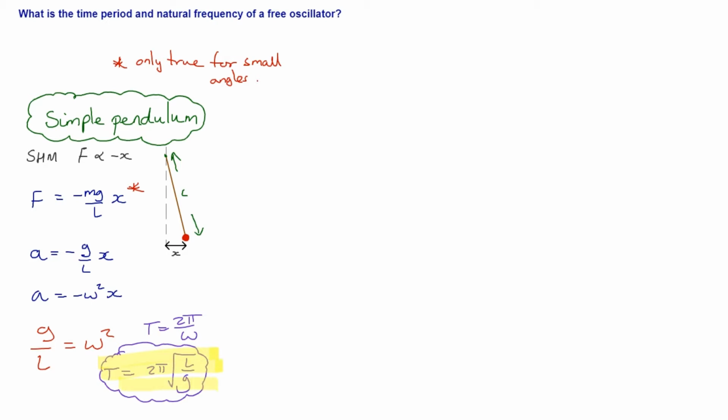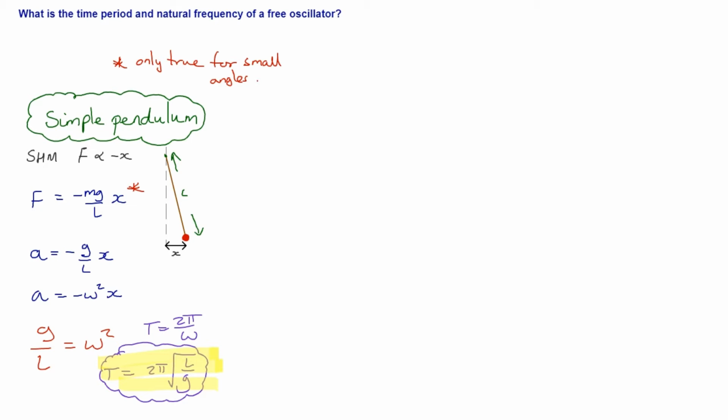It's telling us that the time period of a simple pendulum, as long as the angle's small, will be 2 pi root times its length over gravitational field strength. And that means we can go ahead and figure out the natural frequency, because we know there's a relationship between natural frequency and period.